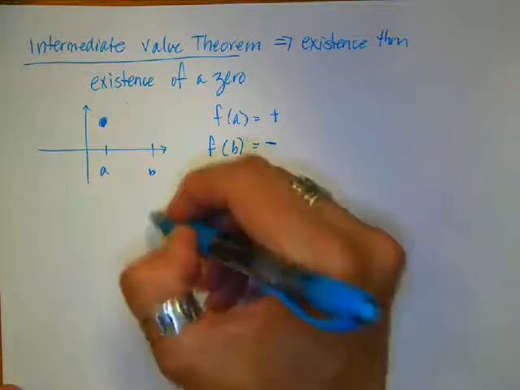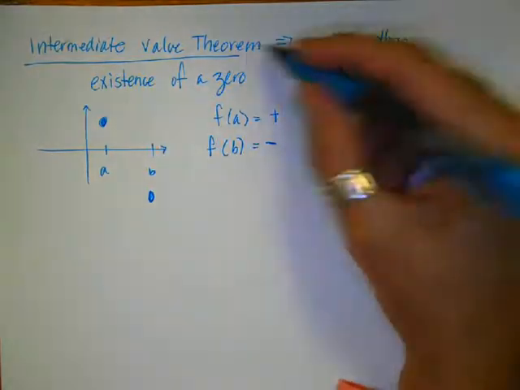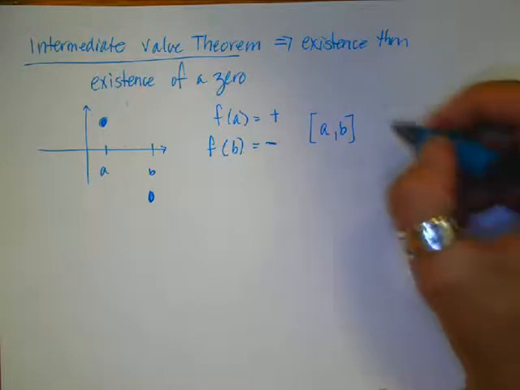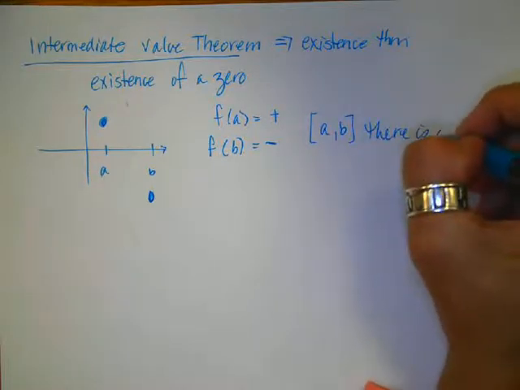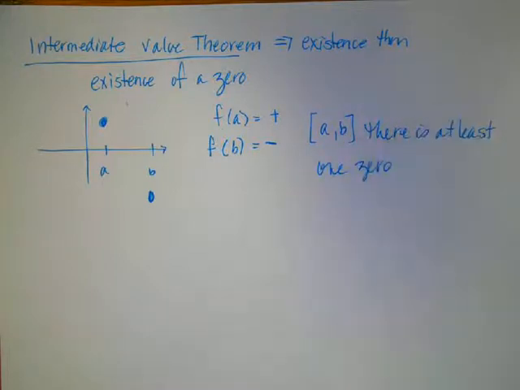So the intermediate value theorem says somewhere in the interval from a to b, there is at least 1 zero. I know it seems kind of weird. We did have some great uses for the intermediate value theorem later in the year, but for right now, it is an existence theorem, and it just tells me that somewhere in that closed interval from a to b, there exists a 0.